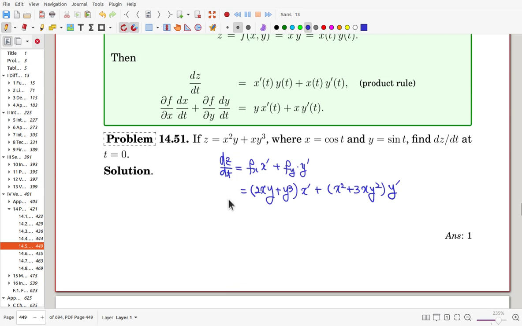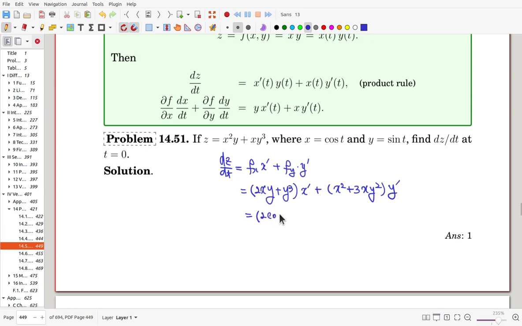Now, without evaluation, you have to finish the computation. In this case, z is considered as a function of t, so you have to replace x and y by cosine t and sine t. So let's replace x and y with cosine t and sine t.